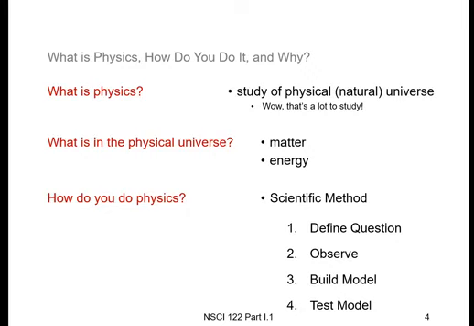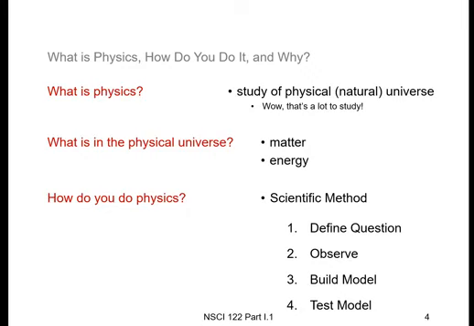Again, depending on who you ask, you might get 3 steps, 5 steps, but the core of all these different descriptions is the same. And the scientific method is really what distinguishes good science. If the scientific method is not being followed, then the results or predictions of whatever model the people have made up are questionable.